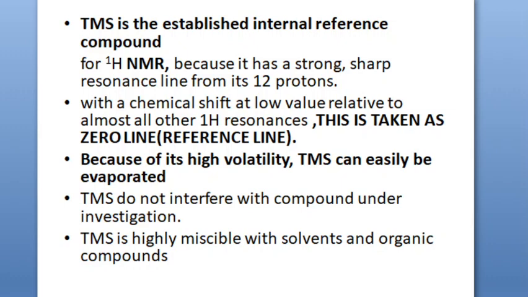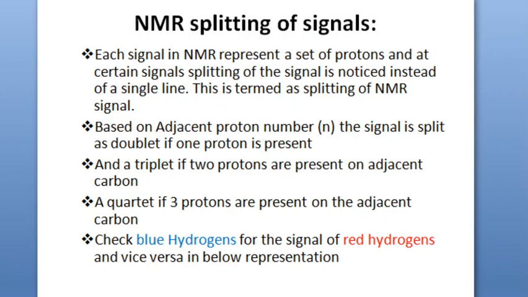Now let us see splitting of NMR signals. So what is the splitting of a signal? Once someone said that you will get 3 signals or 4 signals, and if you observe each signal microscopically, that internally splits into 2 lines, or maybe 3 lines, sometimes 4 lines, sometimes 5 lines also.